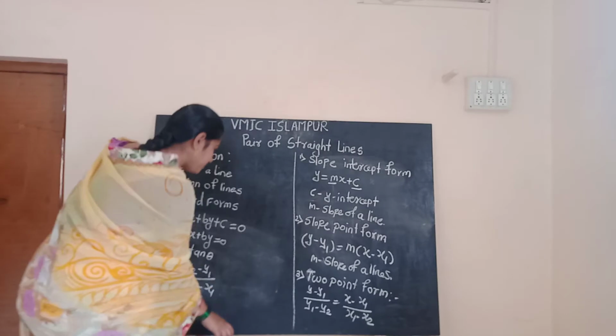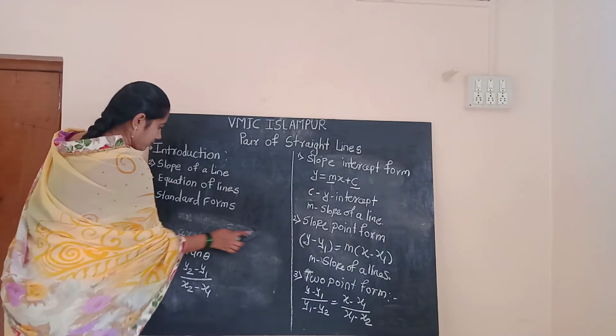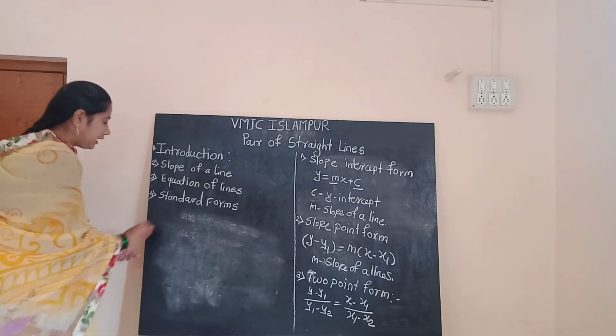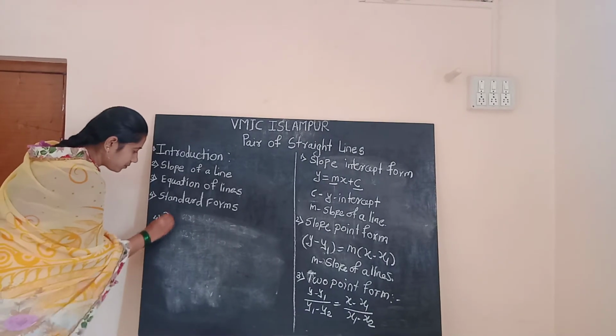The next form is the double intercept form.